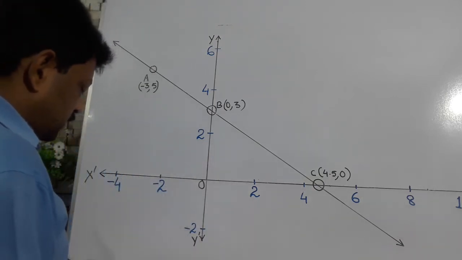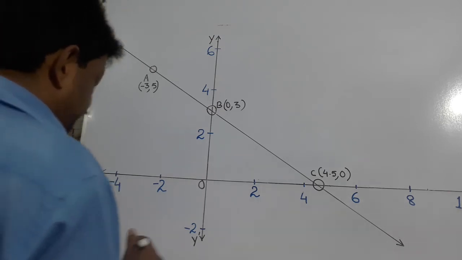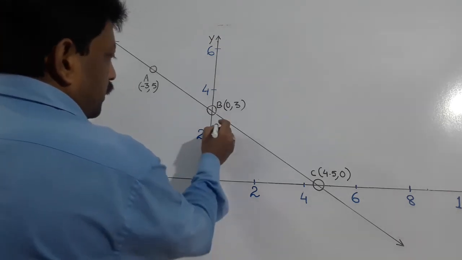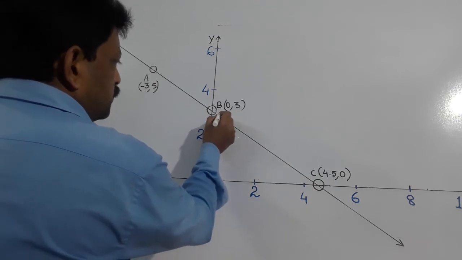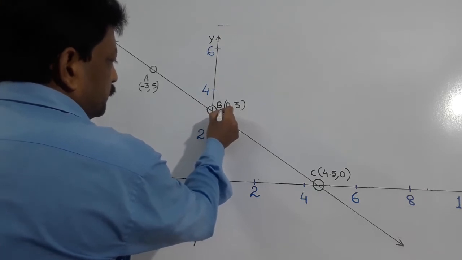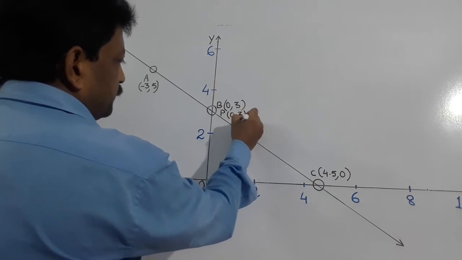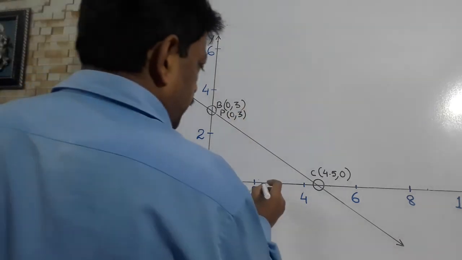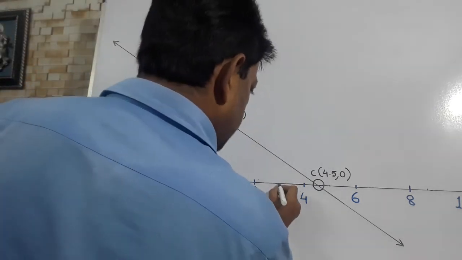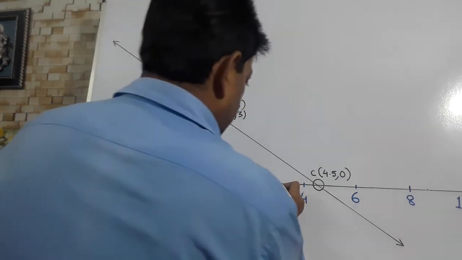Now let me represent the second line also. The first solution set of the second line is 0, 3. It was represented by P. Now see here, both the point P and B represent the same point. P is also 0, 3, so I am writing it twice. Q is 3, 1.